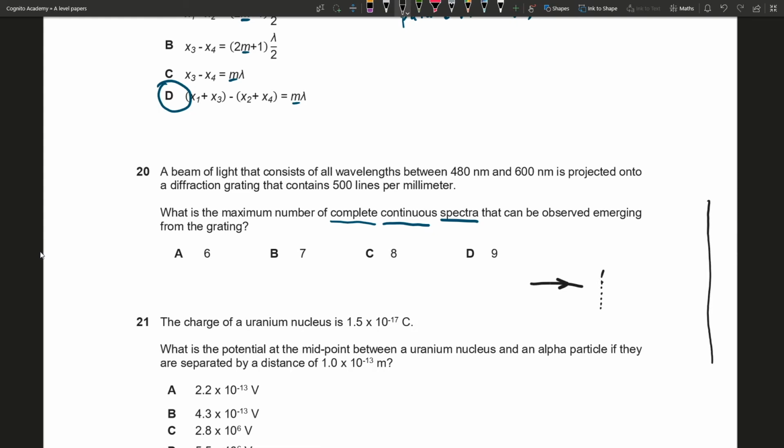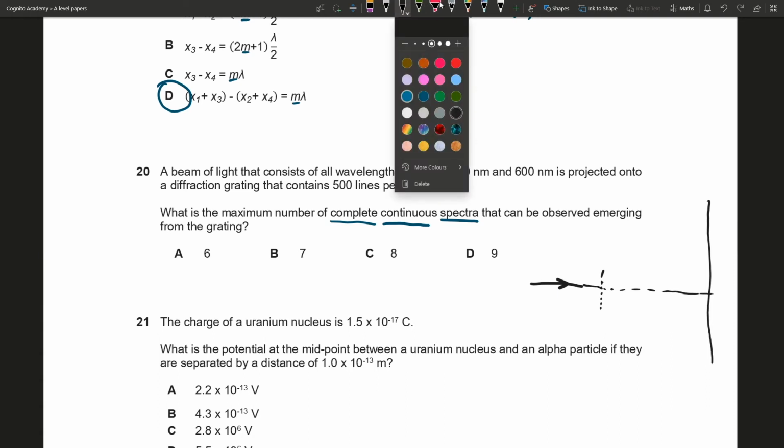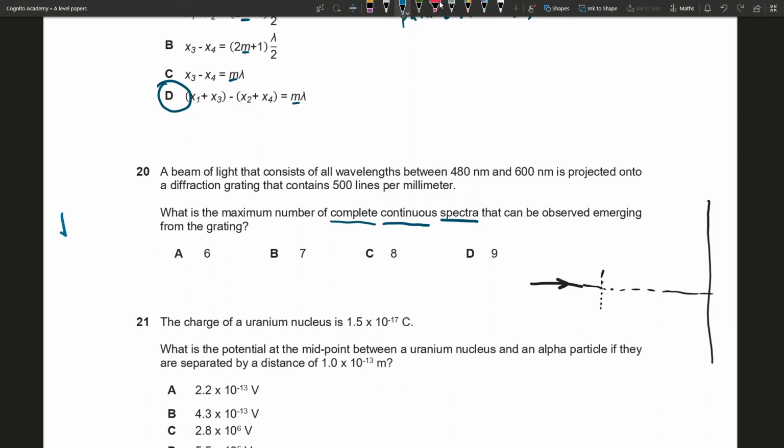So when the light travels, let's say we have blue light. Blue light has a high frequency and a small wavelength. And remember, d sine theta is equal to n lambda, where n is the order of diffraction and lambda is our wavelength.